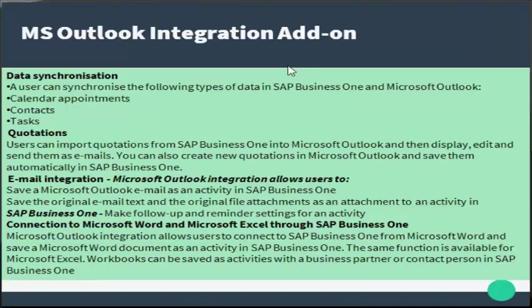For example, a sales manager needs to prepare for a meeting at the customer site. What kinds of things can you do with Microsoft Outlook integration? This is a good question that we can ask ourselves. We can take a look at the list first.